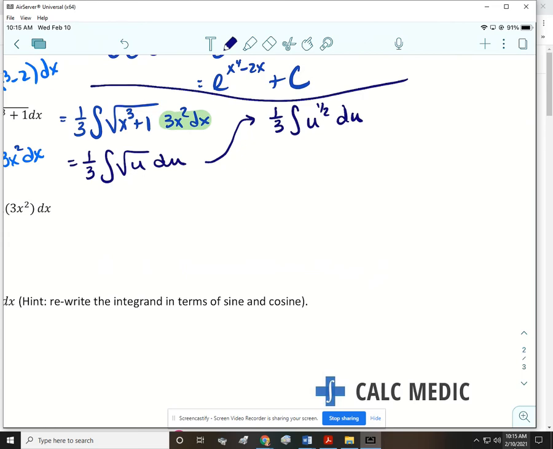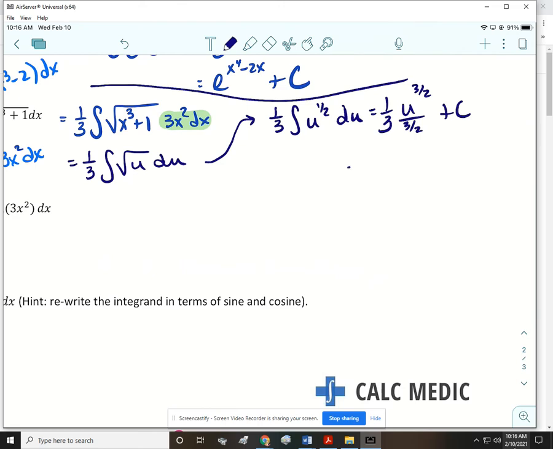All right, then I'm ready to find my antiderivative. So I still have that 1/3 in the front. I'm going to add 1 to my exponent. It's going to be 3/2. And then I'm going to divide by that 3/2.